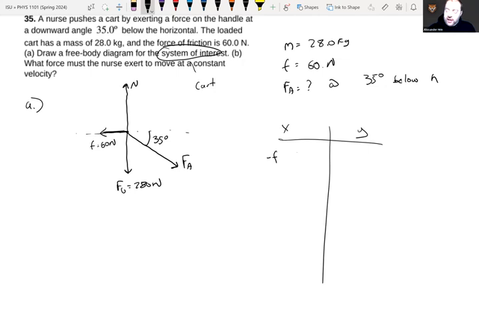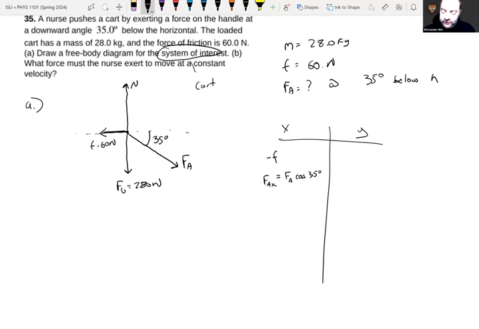And then I would also say, okay, it's FA, but just the X component, because A is going partly in the X and partly in the Y. Now, to do that, we can break FA up into its X component, and that's just the way this is drawn, FA cosine 35 degrees. Okay, so that's fine. And those happen to be the only two forces.